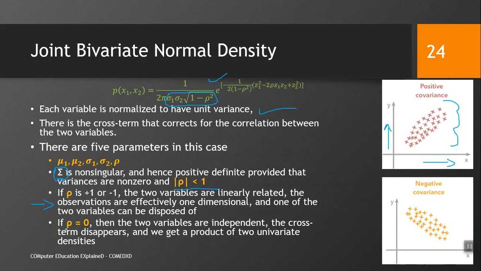And if rho is 0, then the two variables are independent, the cross term disappears, and we get a product of two univariate densities. Right? So if rho is 0, we come up with 1 only, and the square root of 1 is 1, so this disappears basically, and here it also disappears.